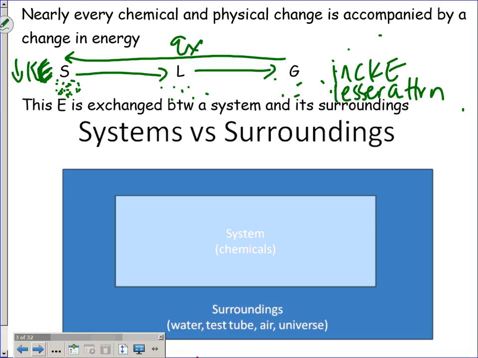So what's your question? Is the volatility of a solid, liquid or gas proportional to its potential energy? So it's related to potential energy because it's related to the intermolecular forces.